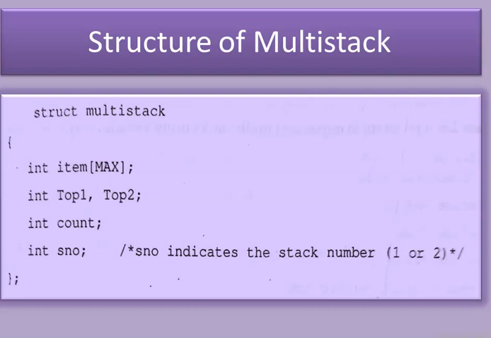Let it be max. So with max as the size of the array, we are declaring the stack as item according to this definition. So item is the name of the stack. Whether it is stack 1 or stack 2, they are defined by item. So item will be having some indices belonging to the left side of this array as stack 1 and indices belonging to the right side of this array as stack 2.